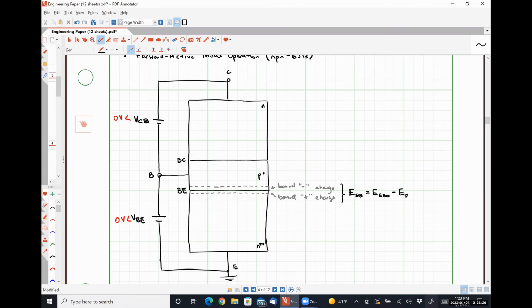So that we have a relatively small electric field directed up at that portion of the device.